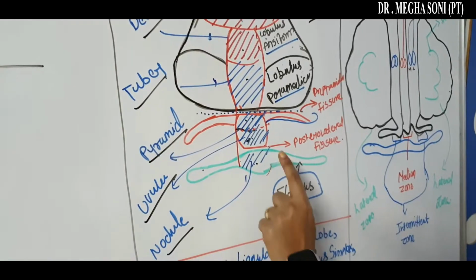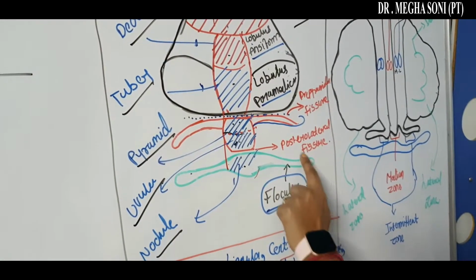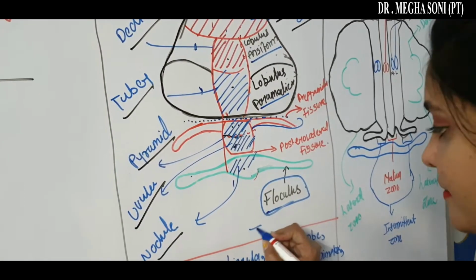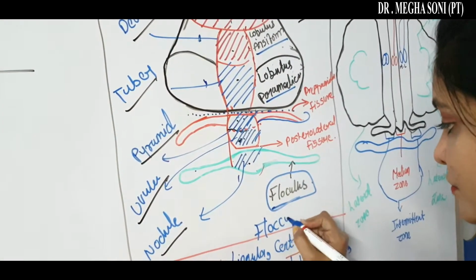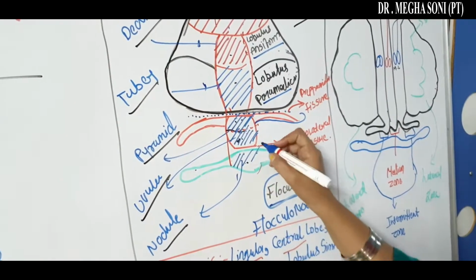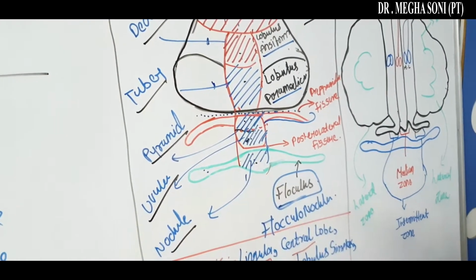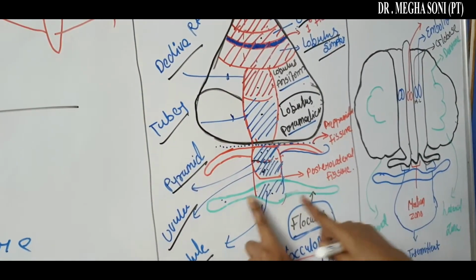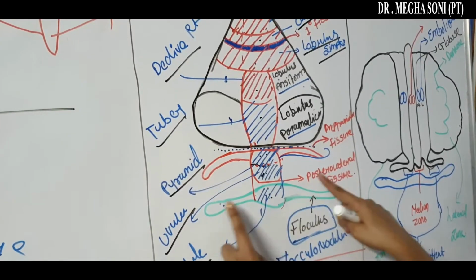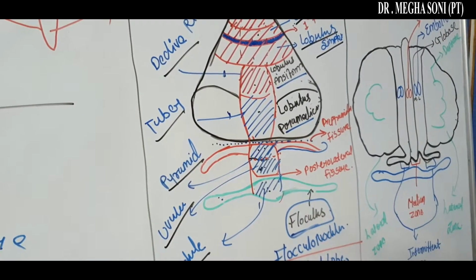So together, nodule and flocculus, we call it the flocculonodular lobe. Fine. The extended portion from the nodule is flocculus, and together we call it flocculonodular lobe.